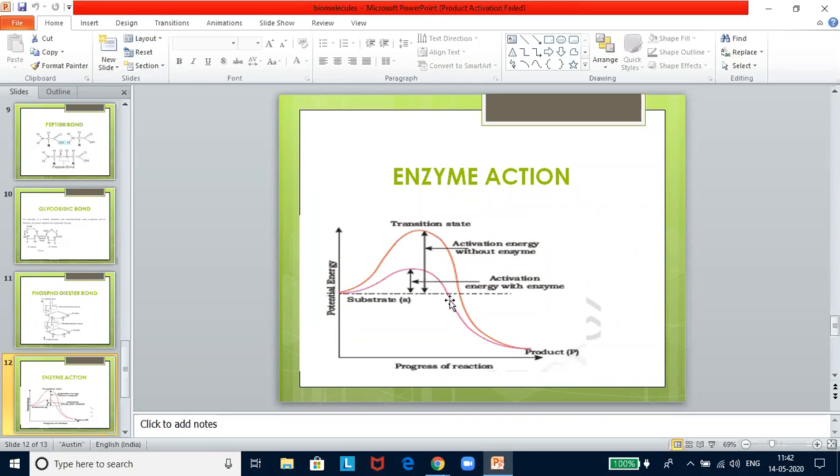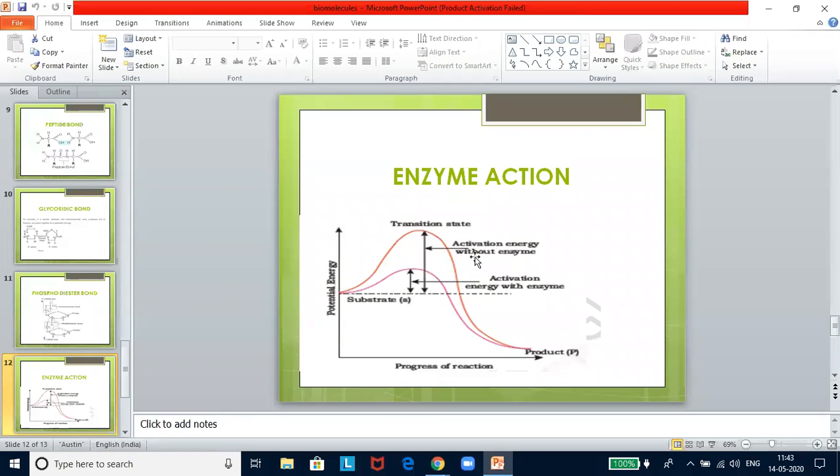Irrespective of whether the reactions are exothermic or spontaneous, or endothermic or energy requiring reactions, the S has to go through a much higher energy state, or a transition state. The difference in average energy content of S from that of its transition state is called the activation energy. Now here you are finding the activation energy within the enzyme, and this is the transition state.